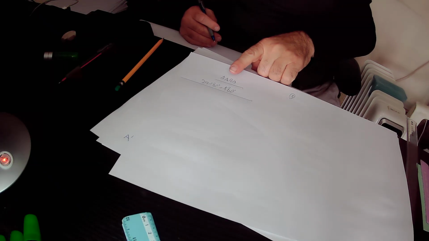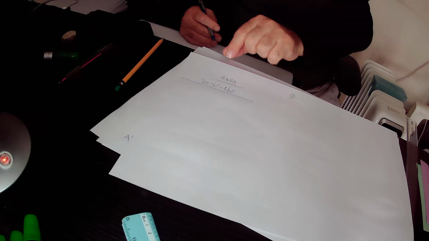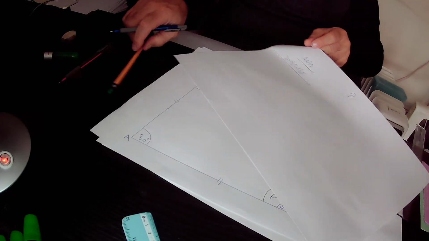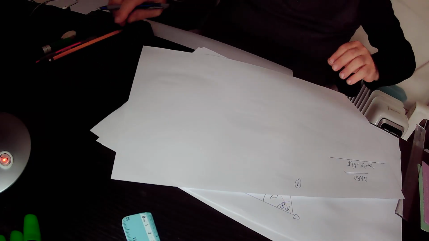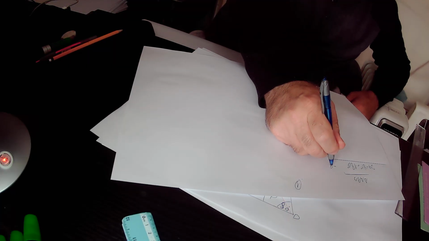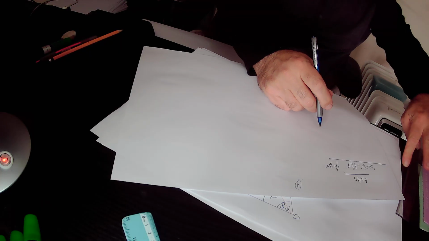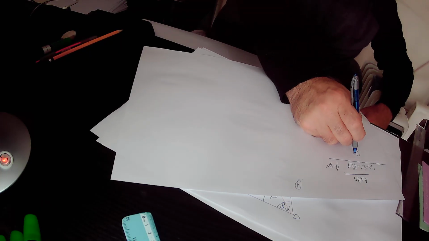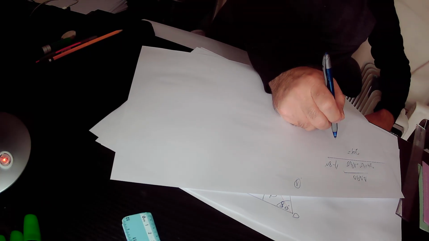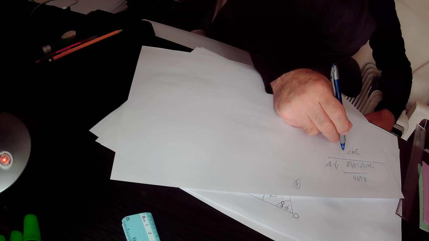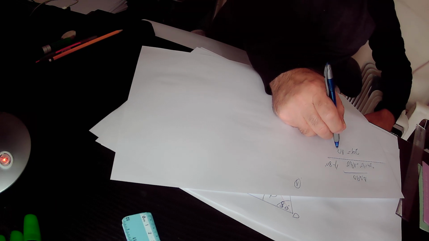Here we subtract 80 degrees from this equation, and we will get that 2 alpha equals 180 degrees minus 80 degrees, which is 100 degrees. So 2 alpha equals 100 degrees.